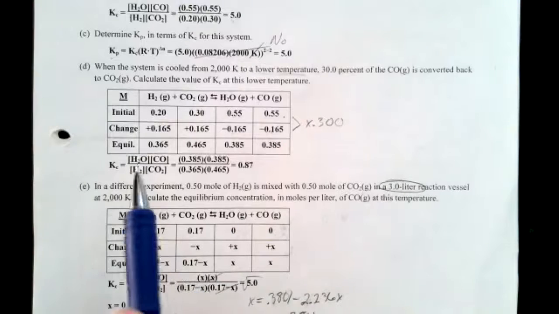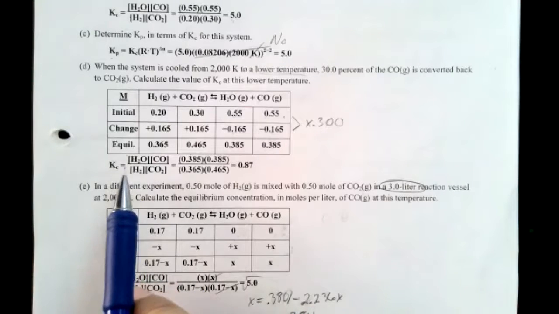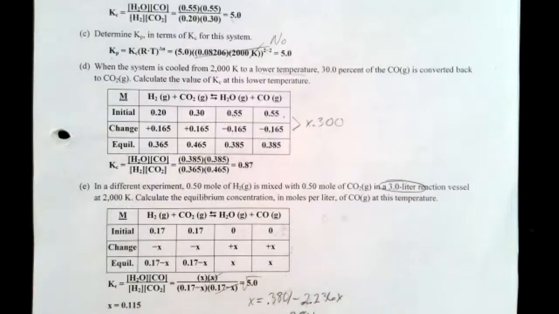And then K is the amounts at equilibrium. K is only good at equilibrium. In case somebody needs to write this down, K is only usable at equilibrium. The whole point is that it's only true at equilibrium.